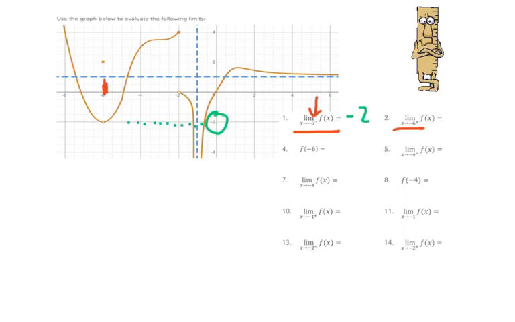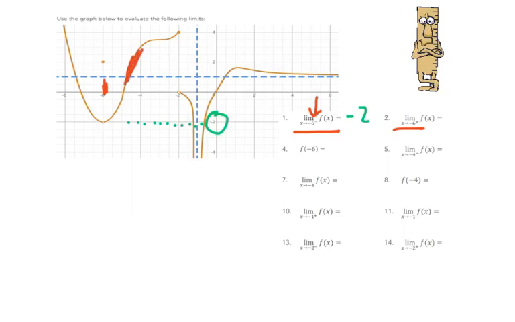So now I'm going to follow the function from the right-hand side. Now, I don't have to go all the way over here to the furthest point on the right. That's a little excessive. I just need to go kind of immediately to the right of where negative 6 is. So kind of over here, negative 5, negative 4, here's where that function is.